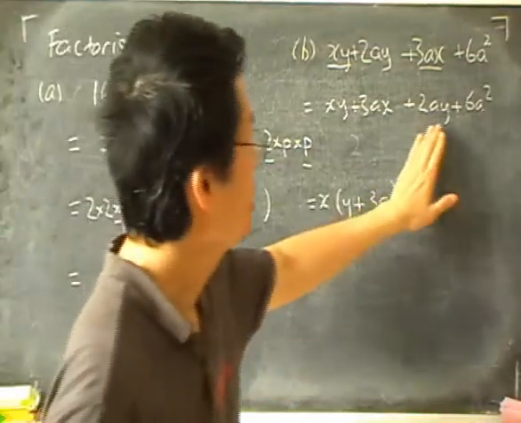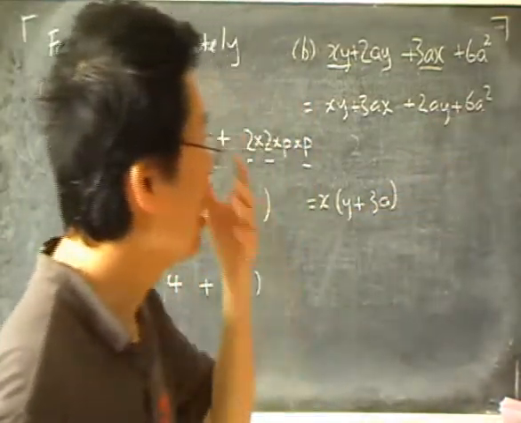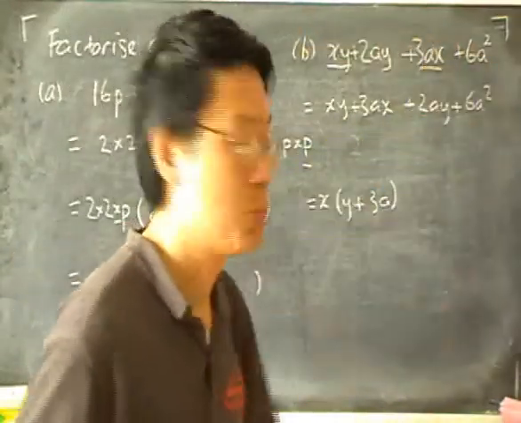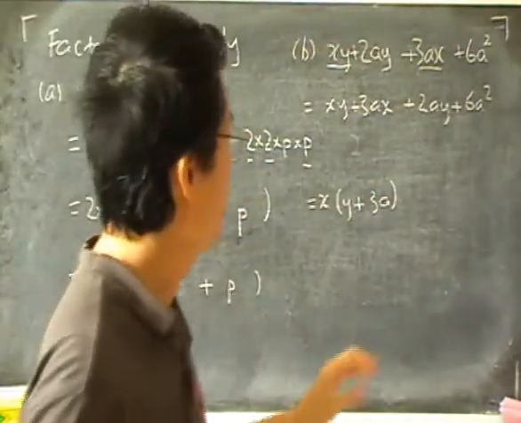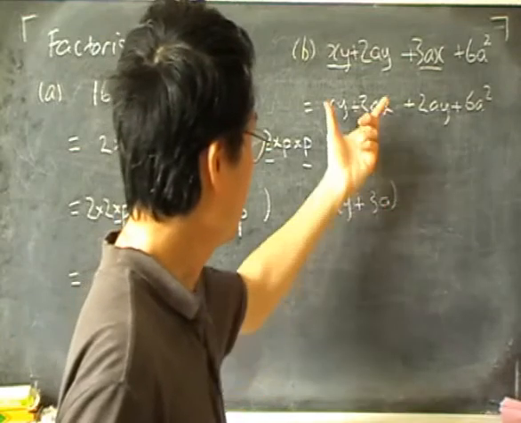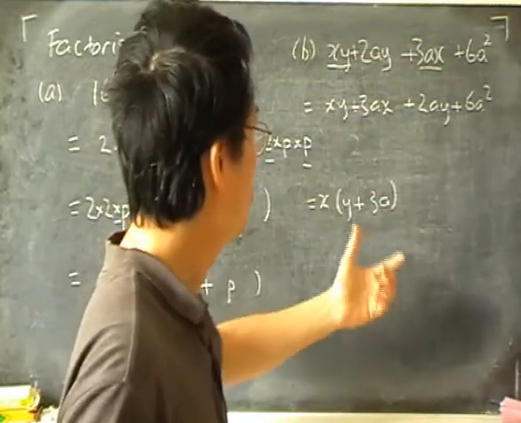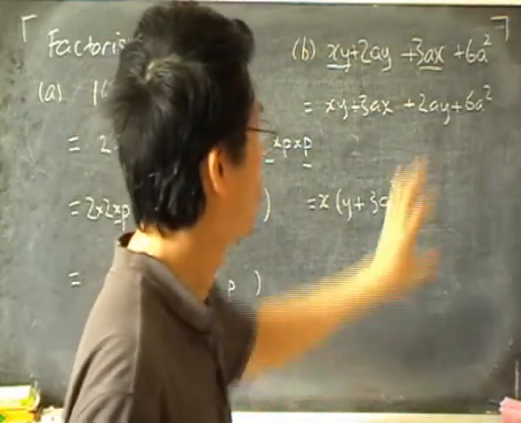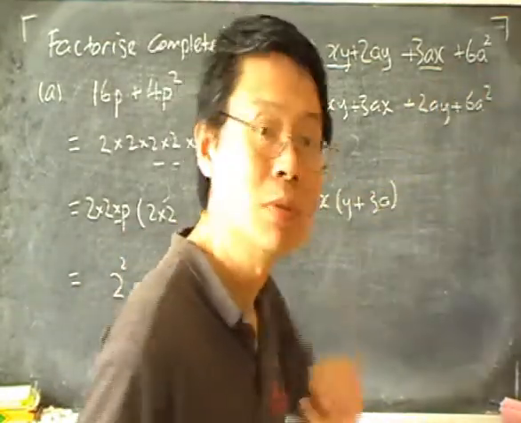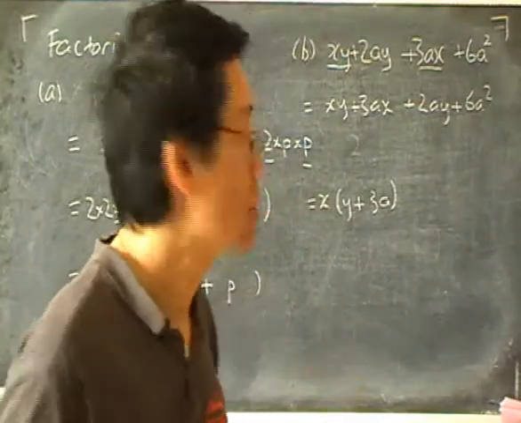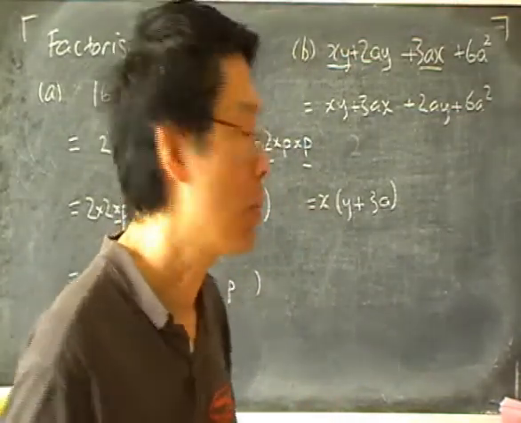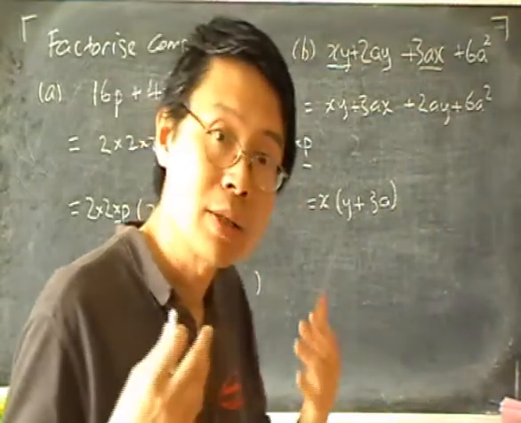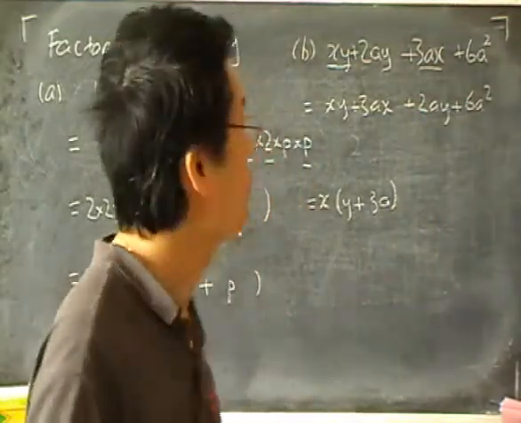Now let's look at this other side. Now the thing about factorizing a long expression like this is that after factorizing two or sometimes three of the terms, we may have some terms left, and the hope is always that for those remaining terms, I can also factorize them.